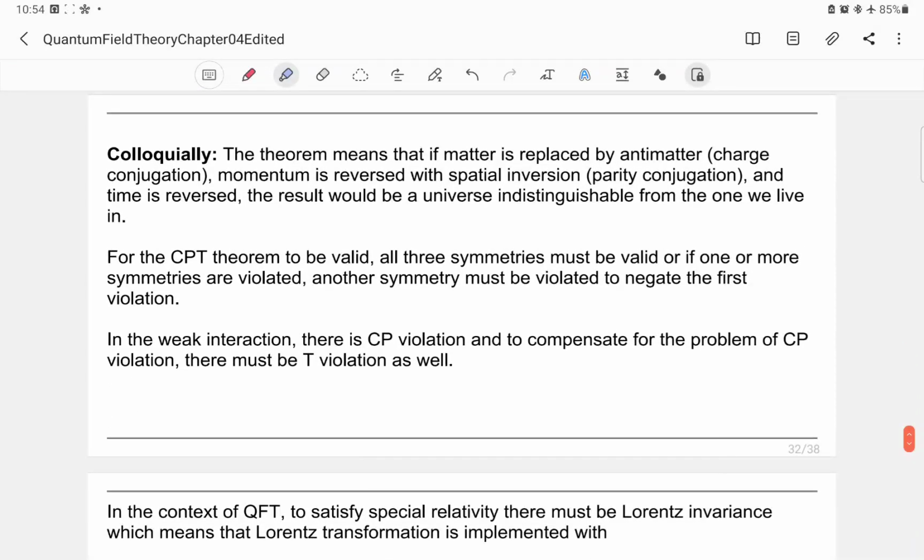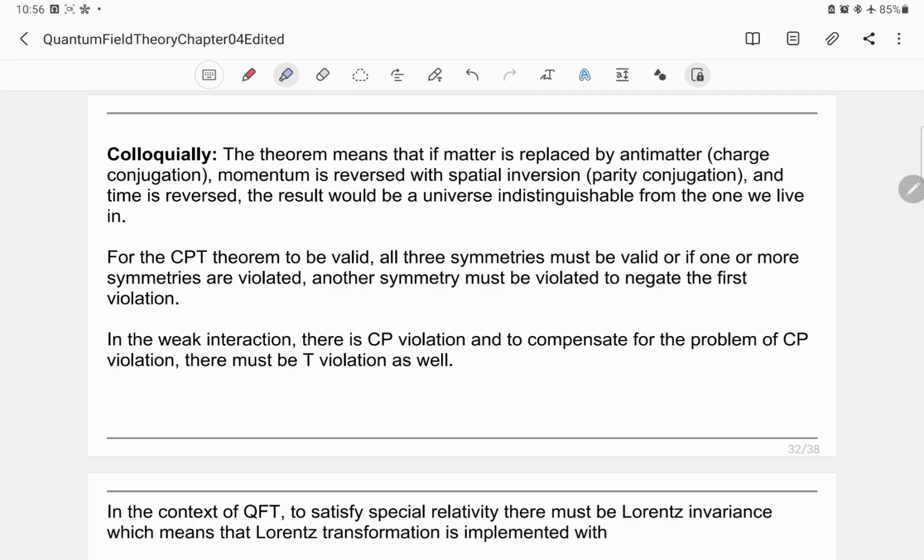Colloquially, the theorem means that if matter is replaced by antimatter, that is charge conjugation, momentum is reversed with spatial inversion, that is parity conjugation, and time is reversed, the result would be a universe indistinguishable from the one we live in.